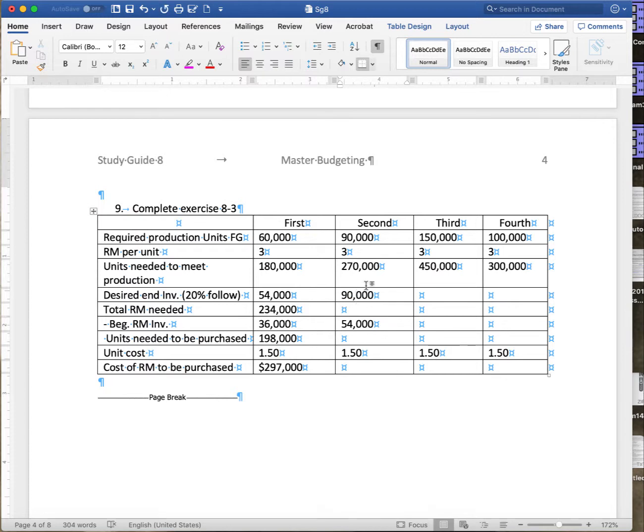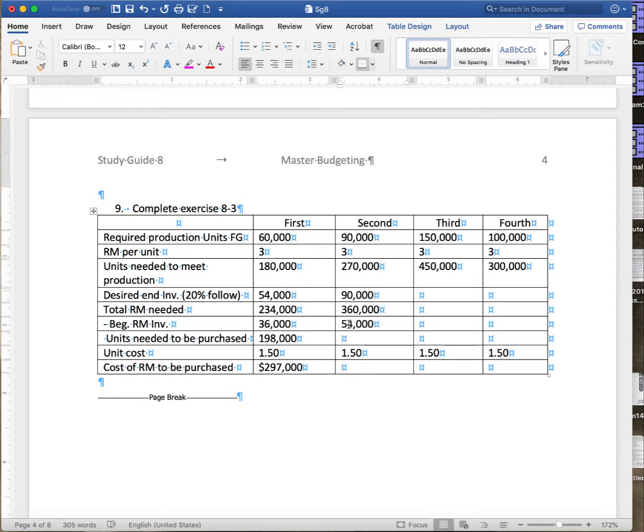I can add the units needed to meet production plus the desired ending inventory of 90,000 gives me 360,000 units needed.